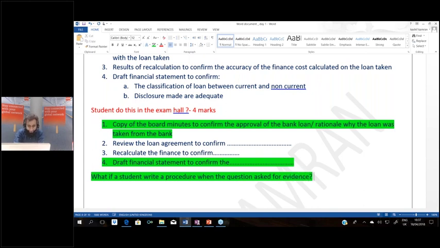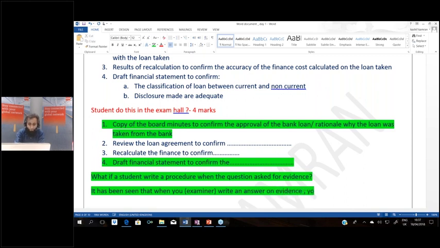That was the question. Secondly, it has been seen that when you as the examiner write an answer on evidence, you sometime write procedures even in the answer of evidence.